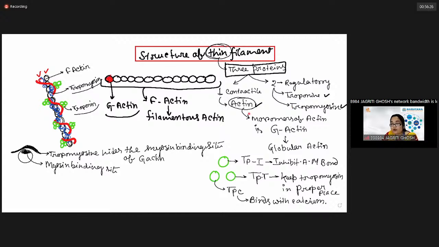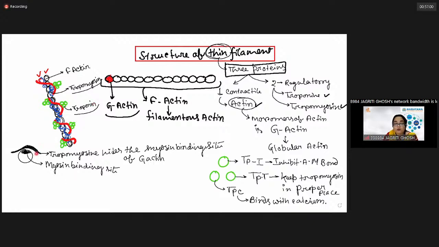The monomer of actin is called G-actin or globular actin. When these monomers are lined in a chain, it is called F-actin or filamentous actin. When the thin filament forms, 2 F-actin are intertwined with each other, which is again wrapped by tropomyosin protein. On top of that, troponin proteins are present.